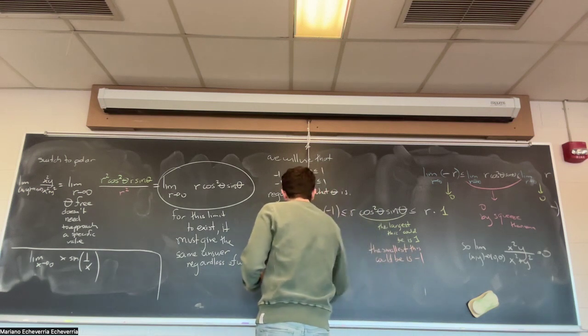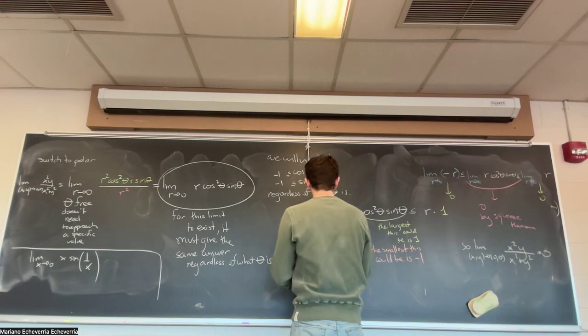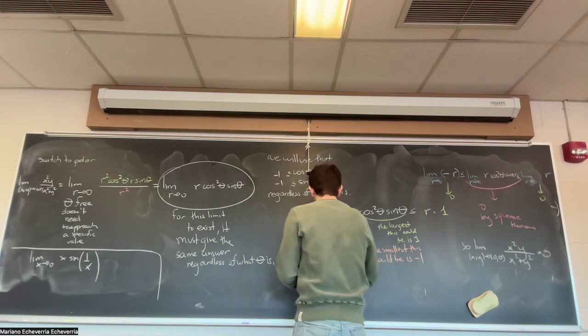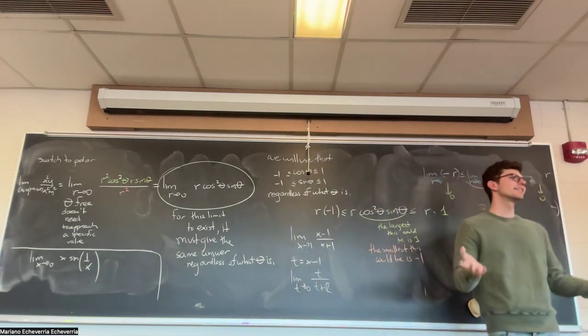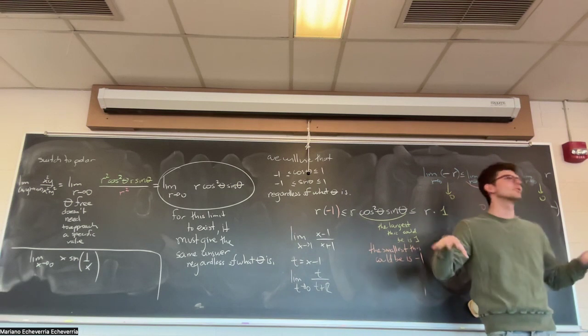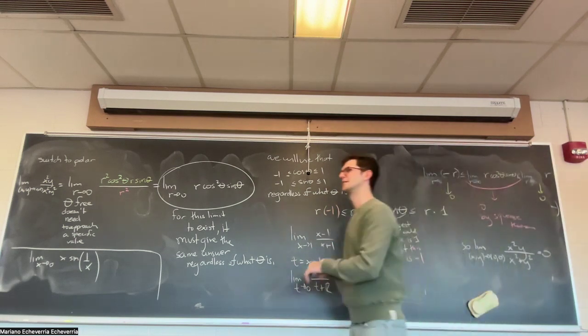So it's the same as saying the limit as t approaches 0 of x minus 1, which is t, and x plus 1 becomes t plus 2. Yeah, thanks. So you see, secretly every Calc 1 limit is also a limit to zero.